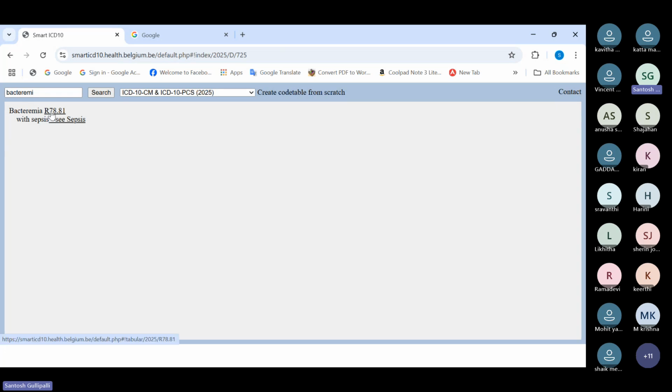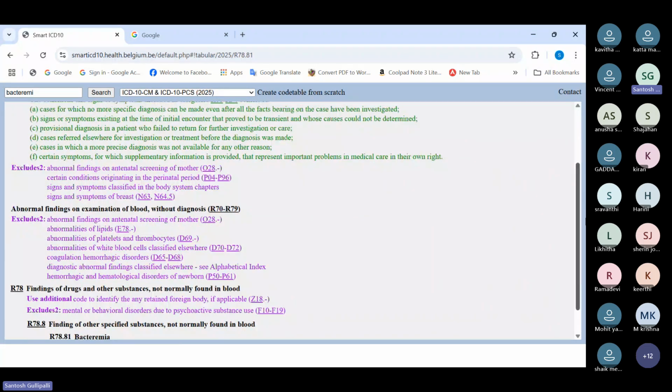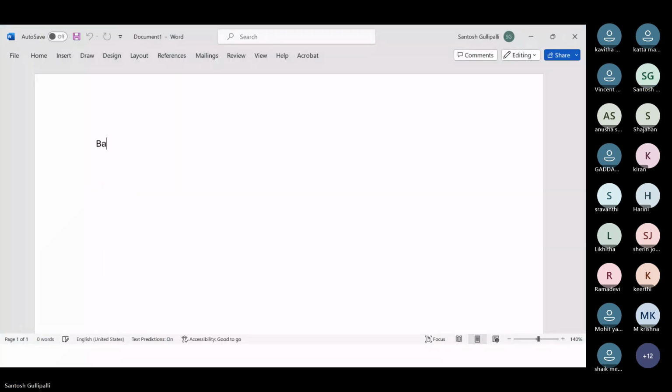The diagnosis code is R78.81. So for bacteremia, the diagnosis code is R78.81.